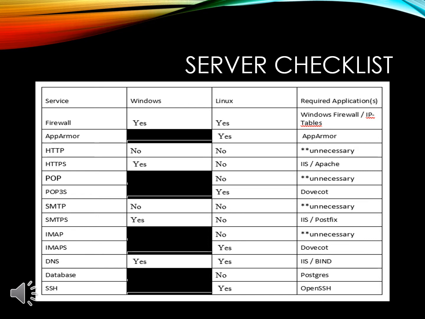I attempted to configure it with Postgres, but with no success. And finally, SSH was configured with OpenSSH, but according to Greenbone scans, it has a login failure, but we will get more into that in this presentation.